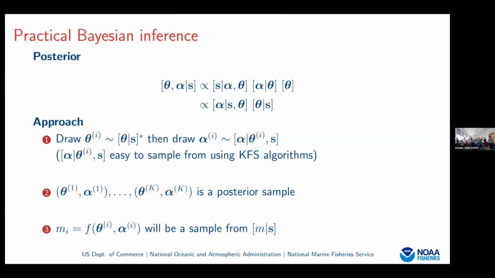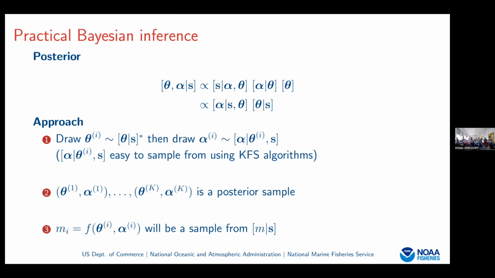And so we can factor that out as our usual state space model, right? Here's the observation model, the state model, and then you have to have priors because it's Bayesian. So that's the classical version.